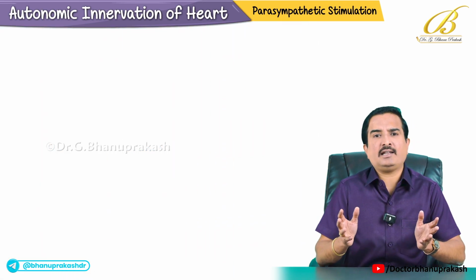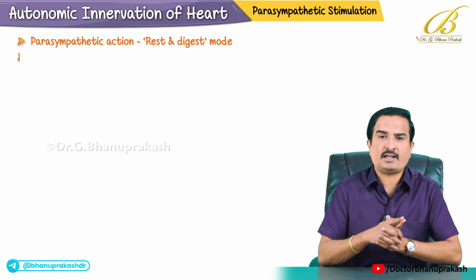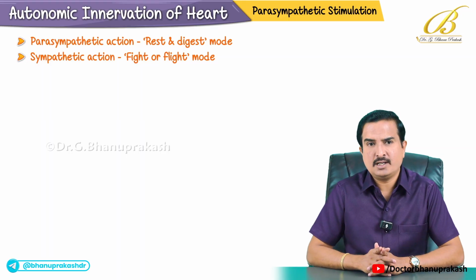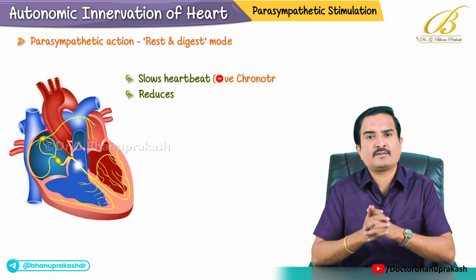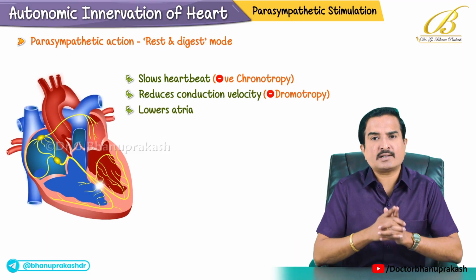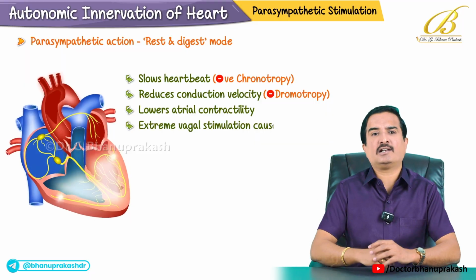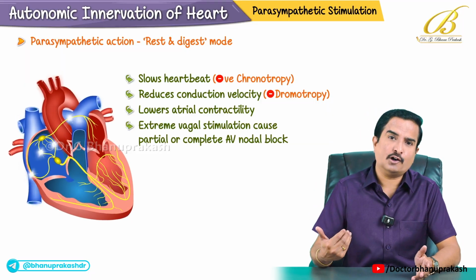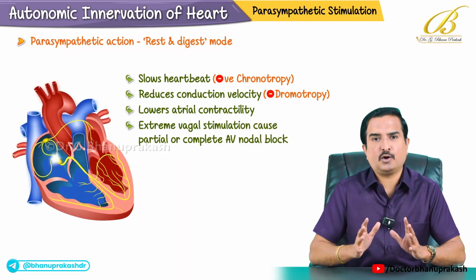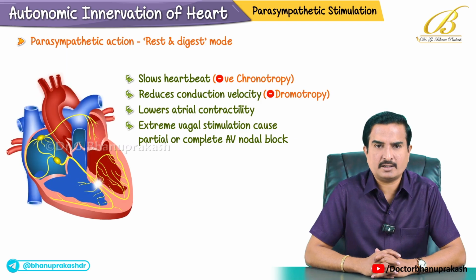Consequently, the parasympathetic action is the rest and digest mode, and sympathetic is the fight and flight mode. The parasympathetic nervous system slows the heartbeat, reduces the conduction velocity, and lowers the atrial contractility. That's the reason extreme vagal stimulation can cause partial and complete AV block due to all these effects. So this is what you need to know about the sympathetic as well as parasympathetic innervation to the heart.